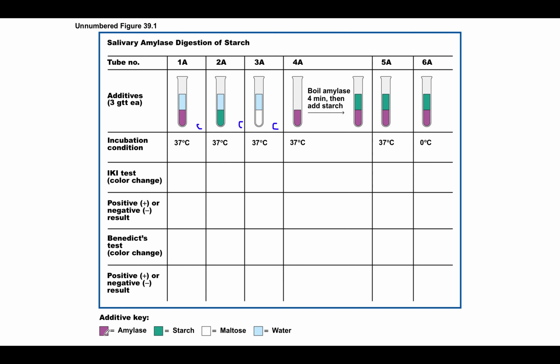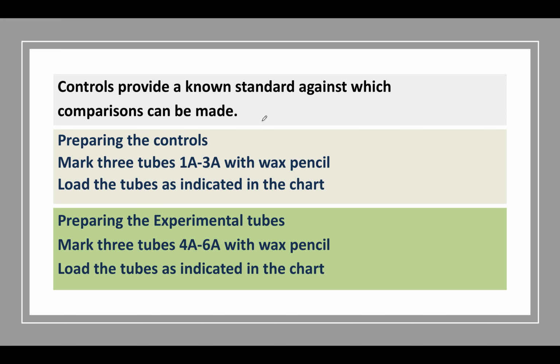This is amylase in here, the purple color. We add just amylase and water. There is no reaction in here. And then starch and water. Again, we don't expect any reaction. We're just going to check the presence of starch in here. And then this is just maltose and water. So these are our controls for the three reagents that we are using here.